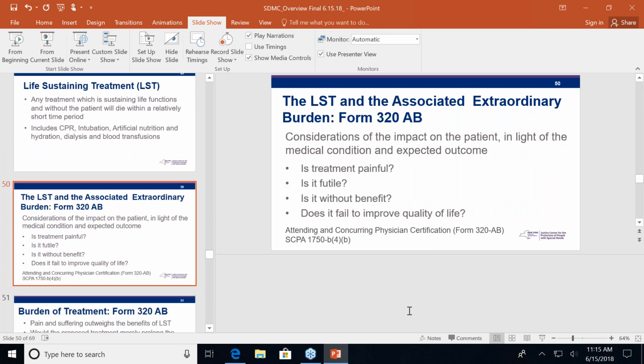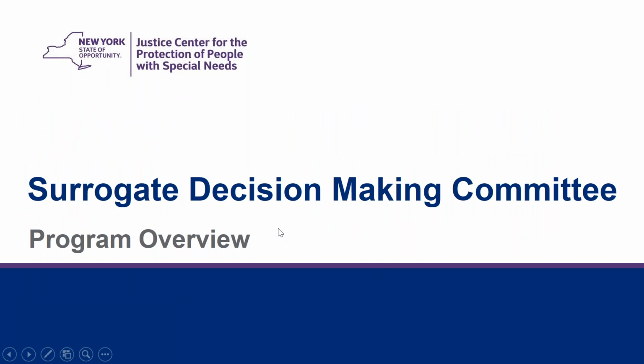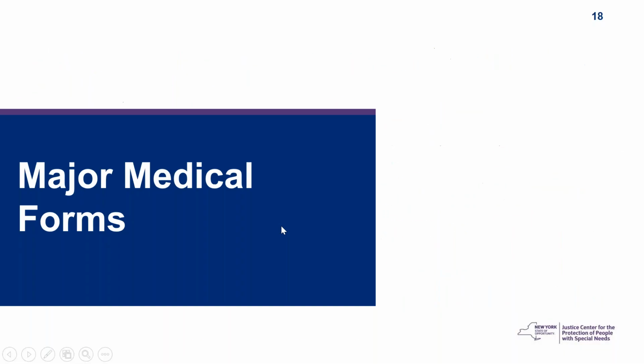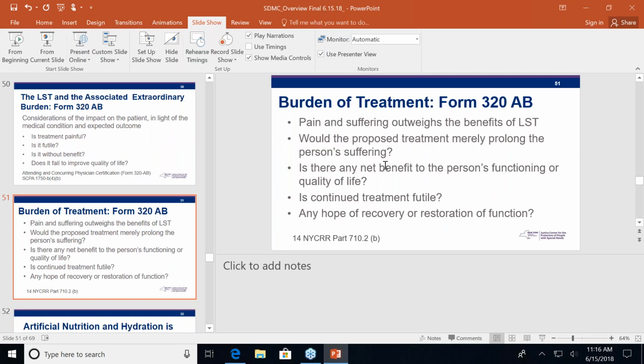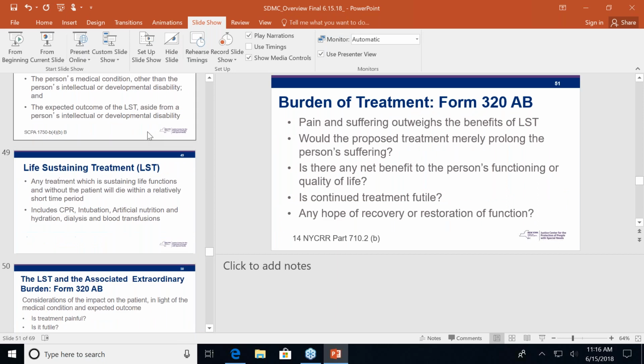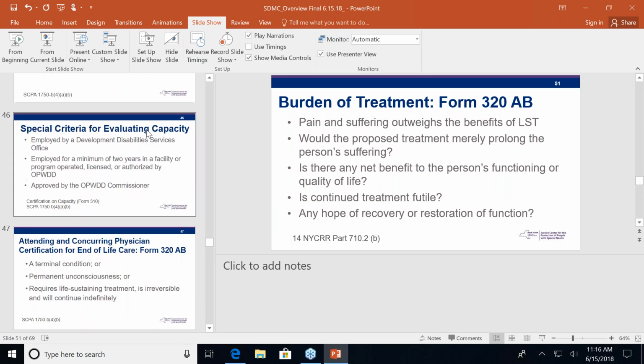Sometimes the difficulty is also in determining the extraordinary burden, because in addition to meeting the medical criteria, the physicians are going to have to demonstrate that continuing the life-sustaining treatment would be a burden for the individual. So it might be that the expected outcome of the life-sustaining treatment, aside from the person's intellectual or developmental disability, is futile. So maybe keeping them on the ventilator is going to keep them alive. It's going to be successful in that.